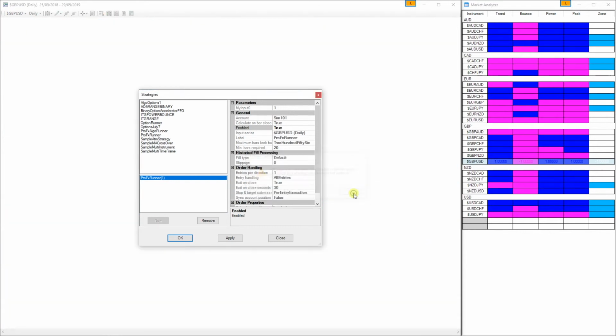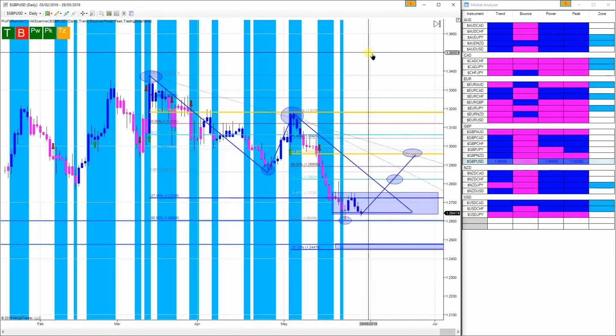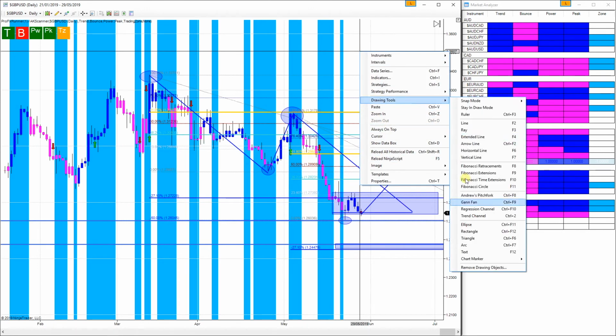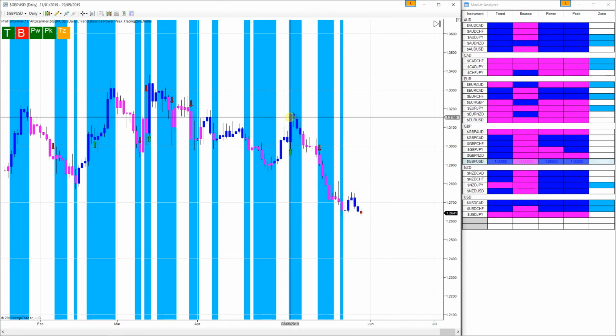And what we can see here, and I'm going to just expand this level here, and I am going to remove these lines. Drawing tools to remove. And our strategy is giving us indications on probabilities of if the market's going to continue going down.